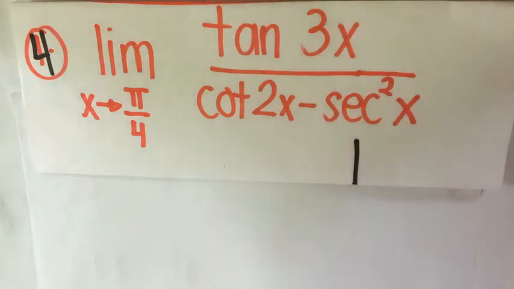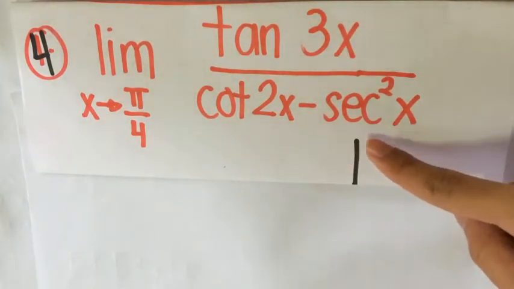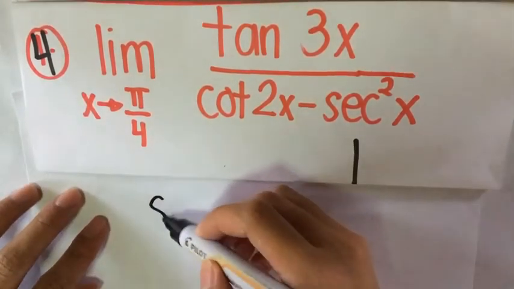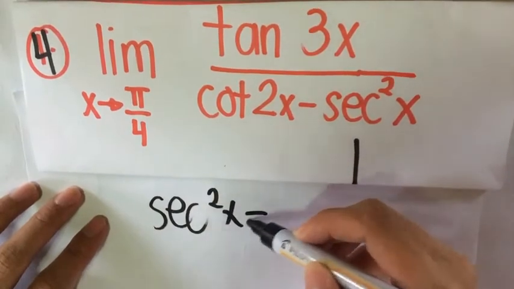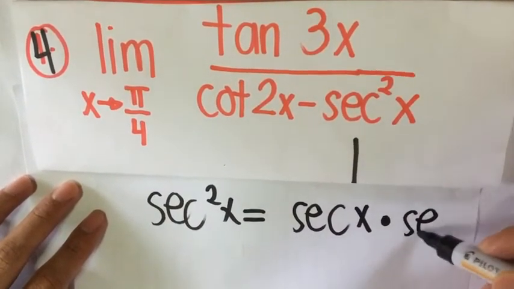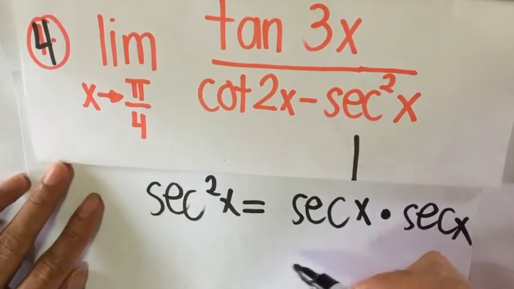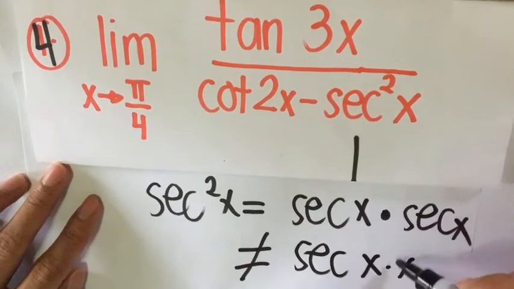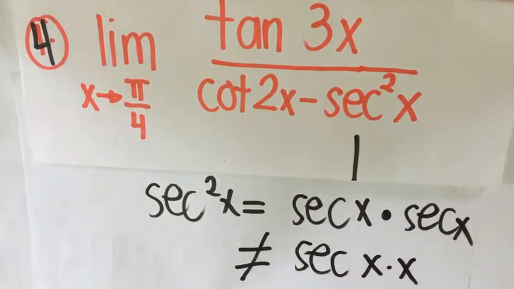But before that, there is an uncommon form of a function here, for example secant squared x. What does it mean to have a secant squared x? When I say secant squared x, that is equivalent to secant x multiplied by secant x. That is not equal to secant x times x. They are different.